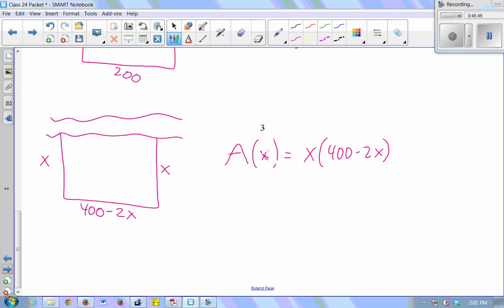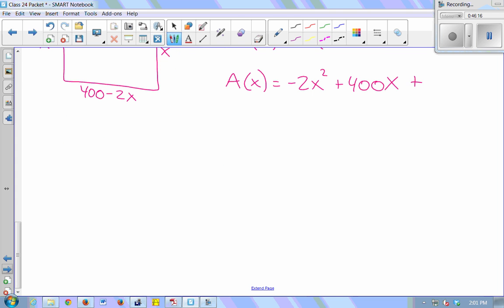Multiply this out, and I get negative 2x squared plus 400x. That's a quadratic that opens down, so it has some maximum point. The vertex is going to tell me everything I need to know to answer this question.